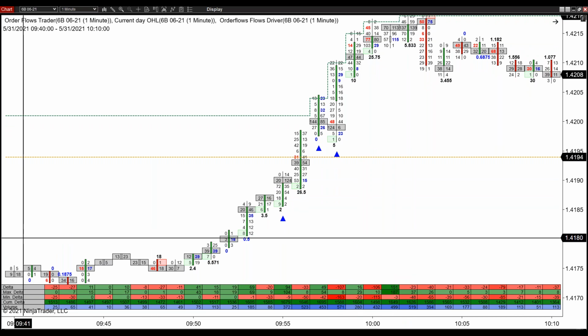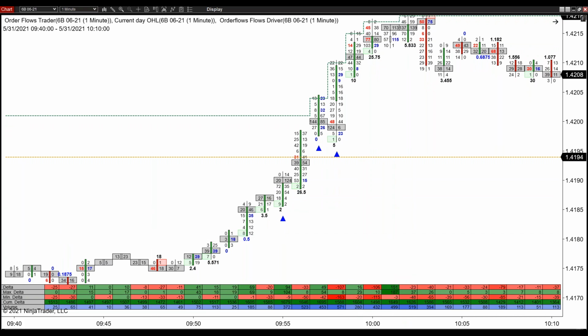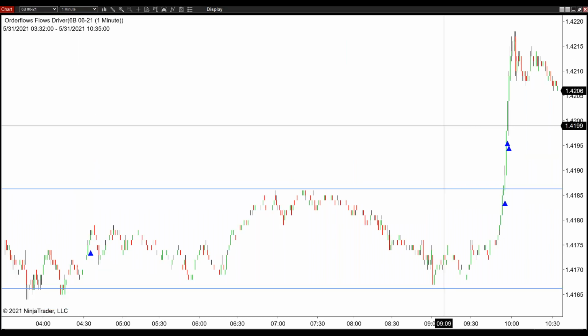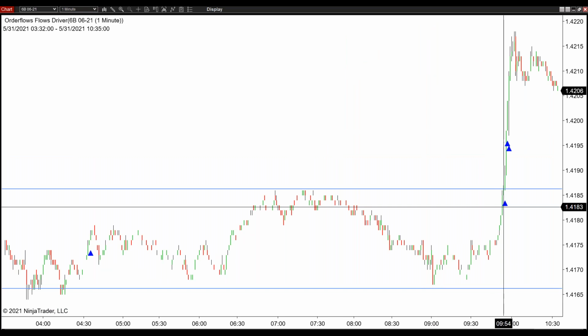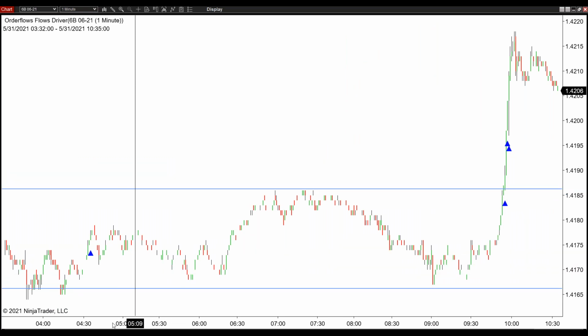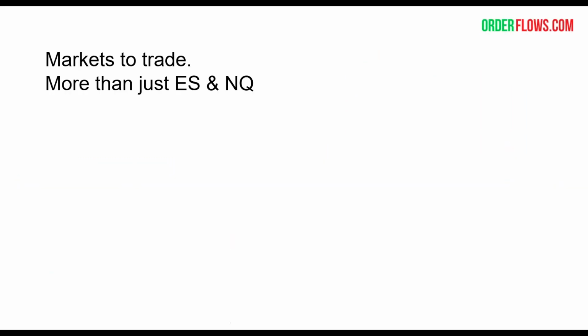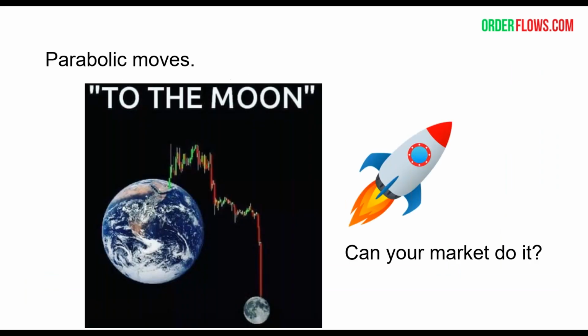So that sort of takes me on to the next. I was seeing this parabolic move here in the British pound today, and it was very apt. It came right as we started this webinar, because understanding the different types of moves, the parabolic moves, matters.